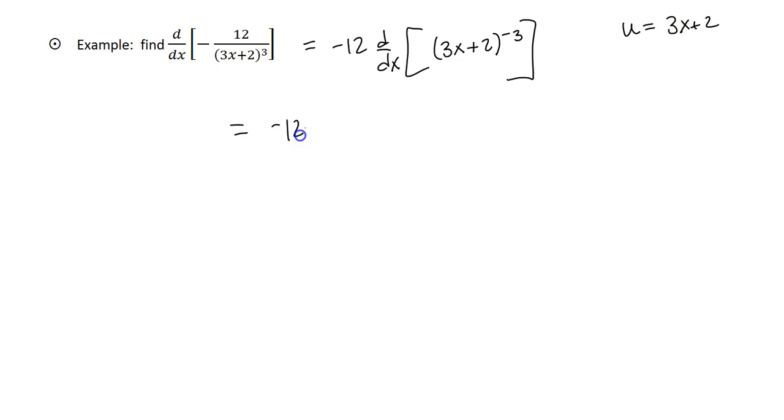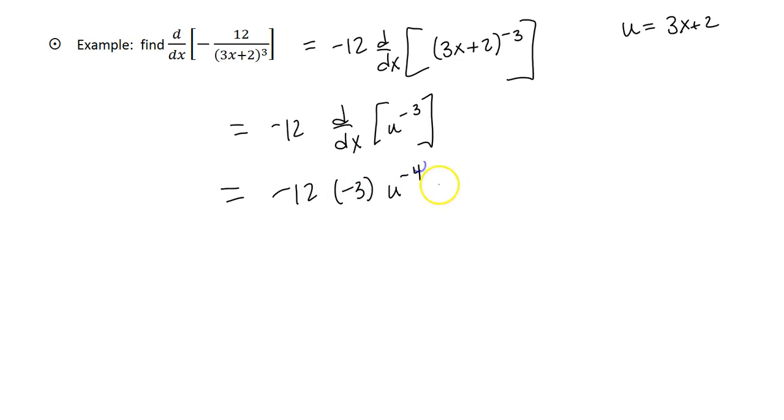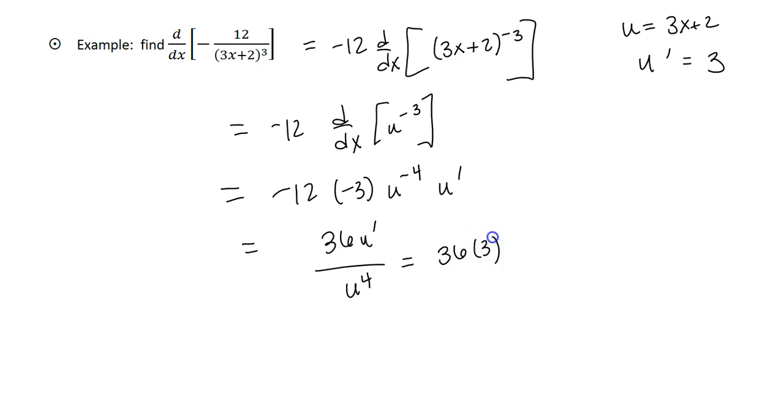So this would be negative 12 times the derivative with respect to x of u to the negative 3, which would be negative 12 times negative 3 times u to the negative 4 times u prime, or 36 u prime over u to the 4th, and u prime in this case would be 3. So that will be 36 times 3 divided by 3x plus 2 to the 4th, or 108 divided by 3x plus 2 to the 4th power.